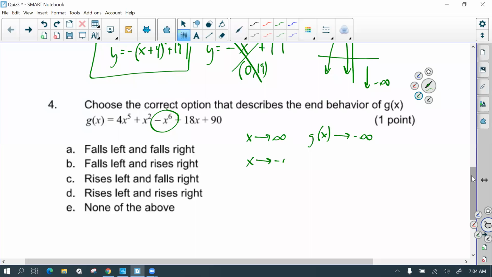When x approaches a really small number like negative 1,000,000, again, raise it to the 6th power, it suddenly becomes positive because all those negatives cancel out. But then you multiply it by that negative 1, it becomes negative again. So this one falls to the left and falls to the right.